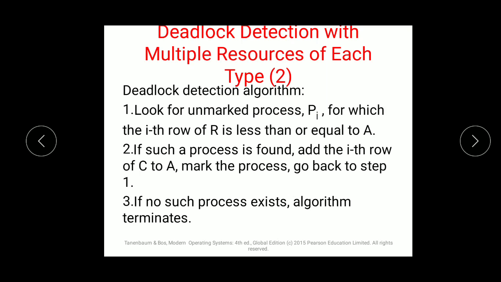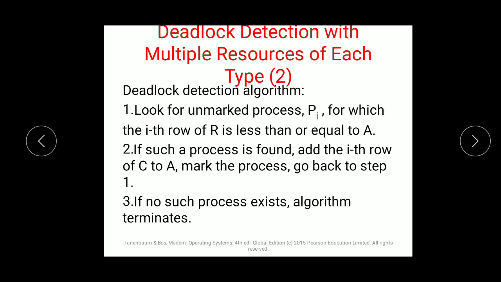So these are the conditions that can occur, that is, c of i is not equal to 0. Then what does c of i mean? i is the row of R, meaning the requests, and A is the array of values.